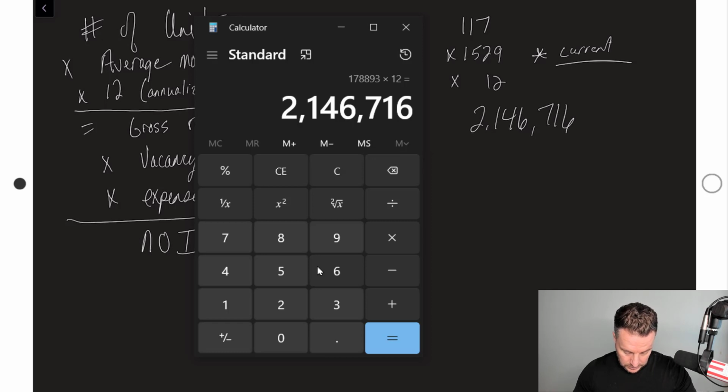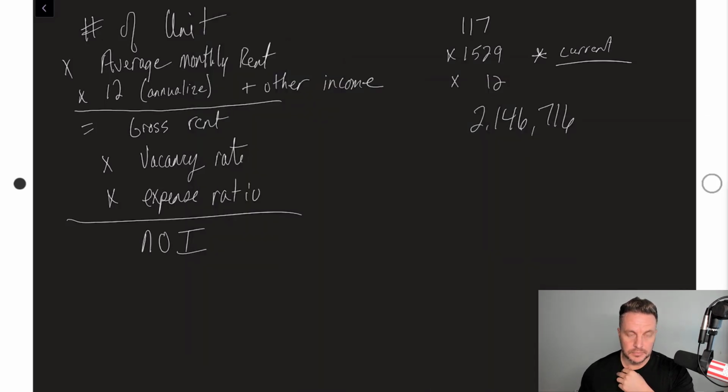Now what we're going to do is, in this particular case, let's see here. I have to make a change here, guys. I knew I put that in there. I knew something was wrong here. So the other income is actually not here. It is right here.